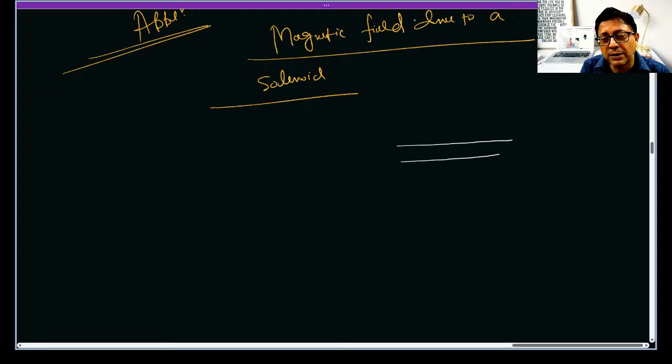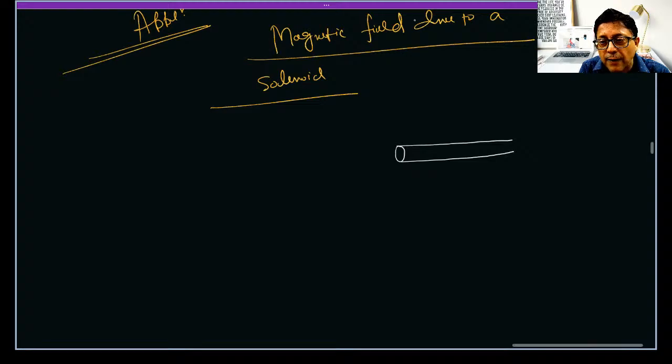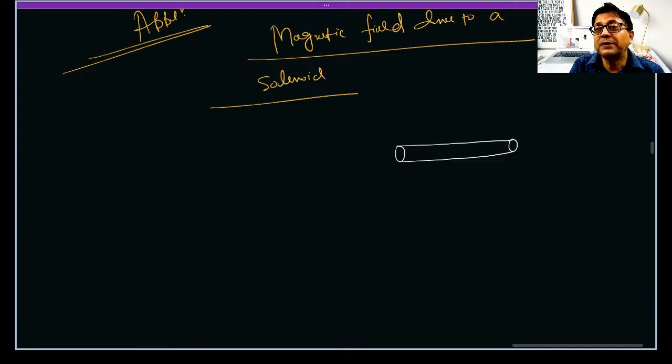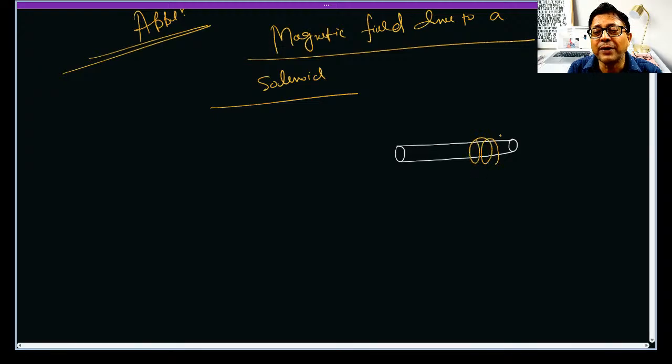Solenoid is a cylindrical helix which is obtained by winding a large number of turns of a wire on a cylindrical framework which is made of some insulating substance.